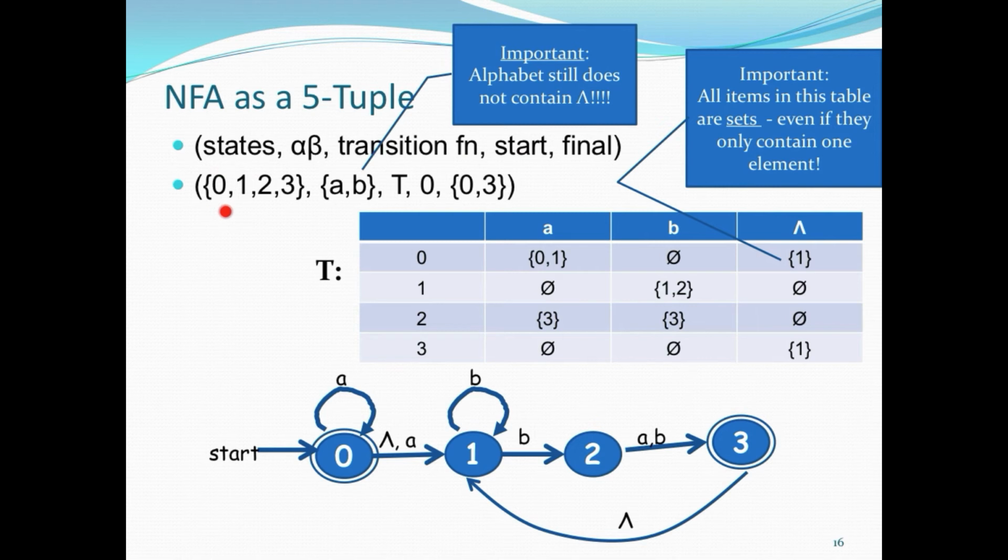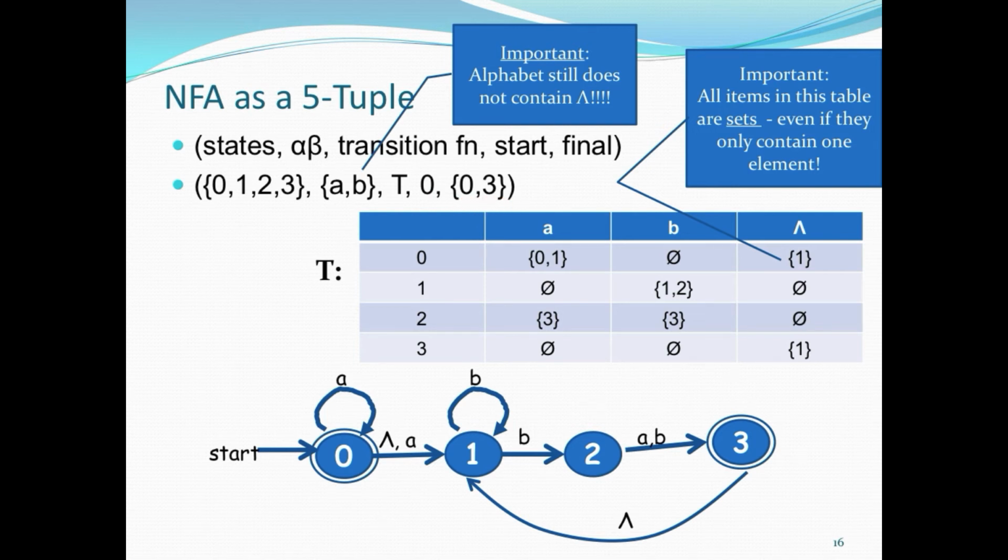The states, still a set. The alphabet, still a set. And remember, our alphabet doesn't contain lambda. Remember from the very beginning, lambda has never been in our alphabet. Lambda is a special symbol that represents the empty string. We'll skip the transition function for a minute. Start state is still just a single state, and final states can be a set, so we represent it like that.